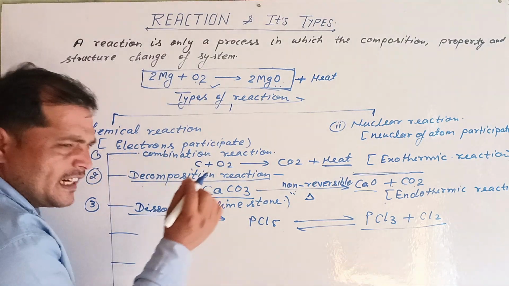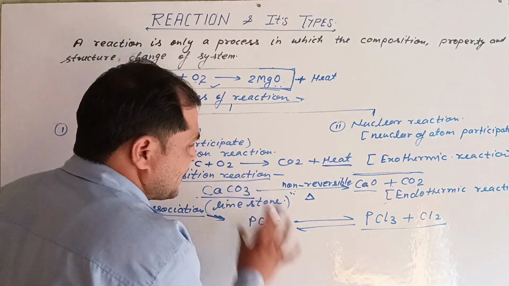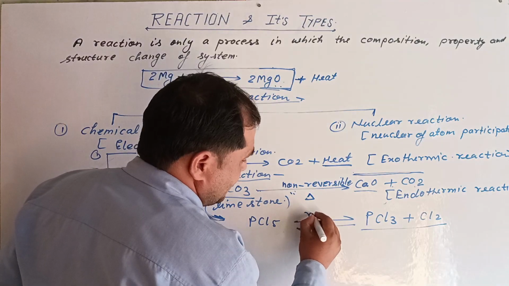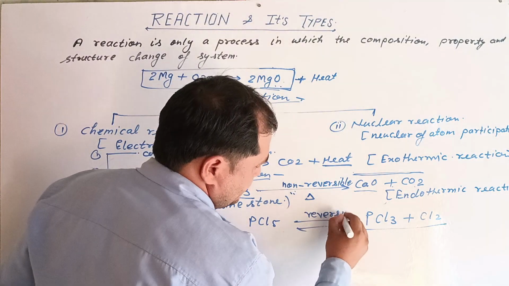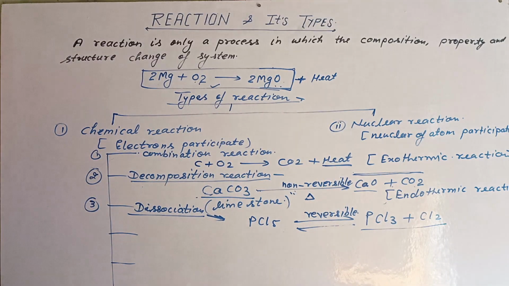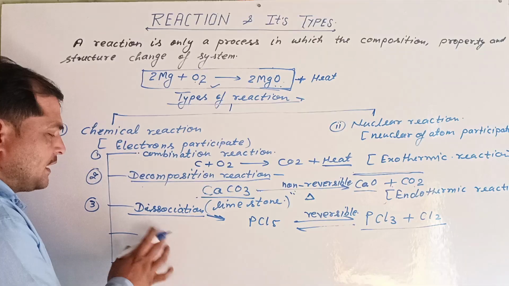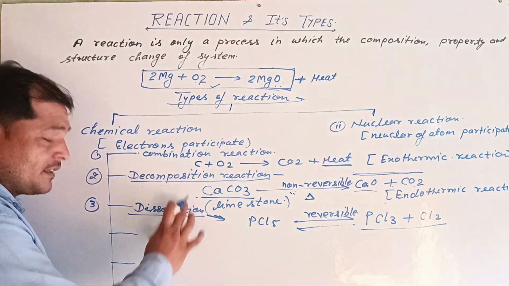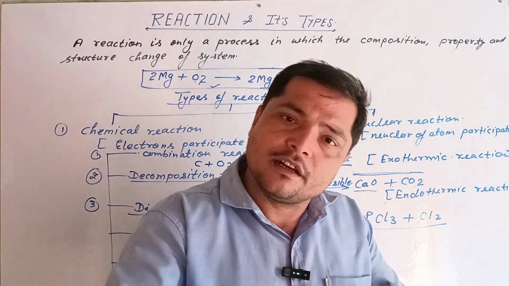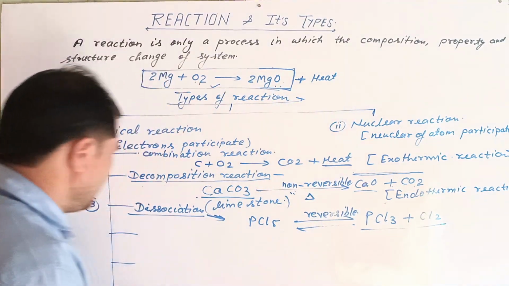So the little difference is that decomposition reaction is non-reversible, but dissociation reaction is a reversible reaction. In both types of reaction, a single compound is decomposed or dissociated into two or more compounds.